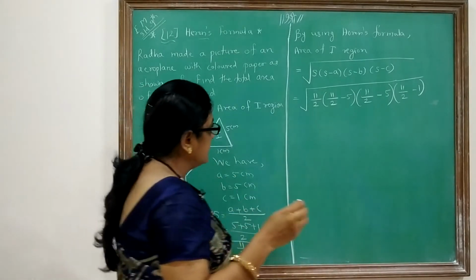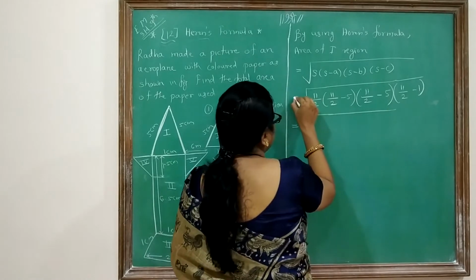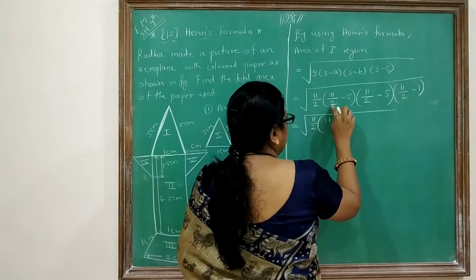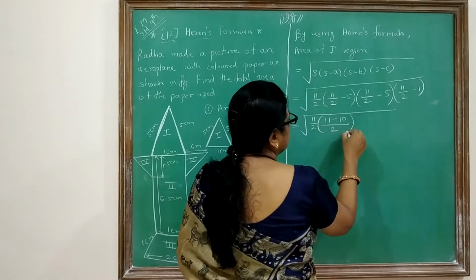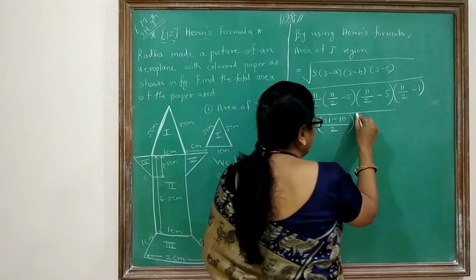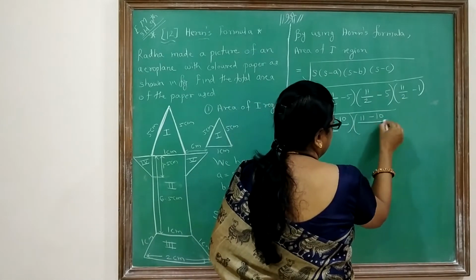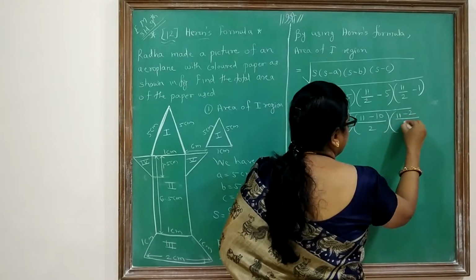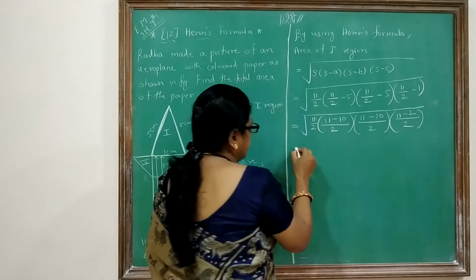Then here take the LCM. Then 11 by 2. Here 11 minus 2 fives are 10, divided by 2, and here 11 minus 2 ones are 2, divided by 2. And then subtract.